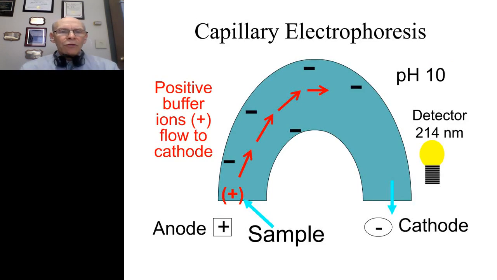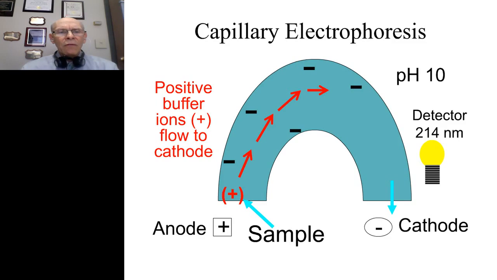With capillary electrophoresis, there is no solid support. The samples of serum are aspirated into the anodic end of a thin, strongly negatively charged silica capillary tube.